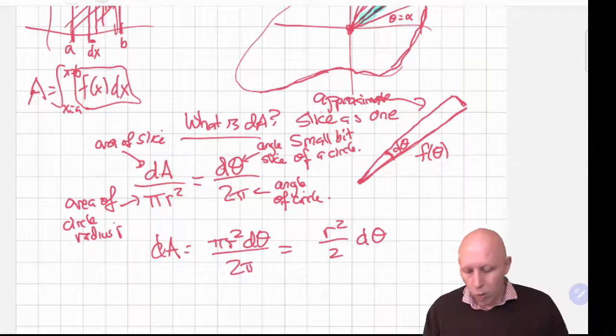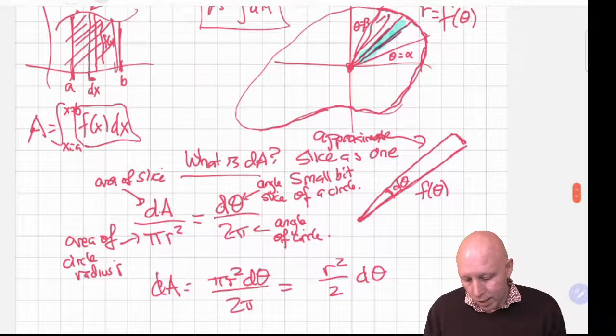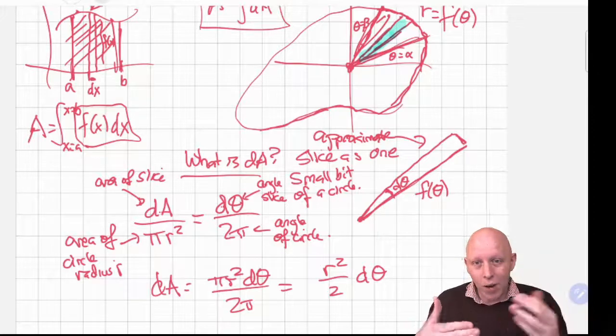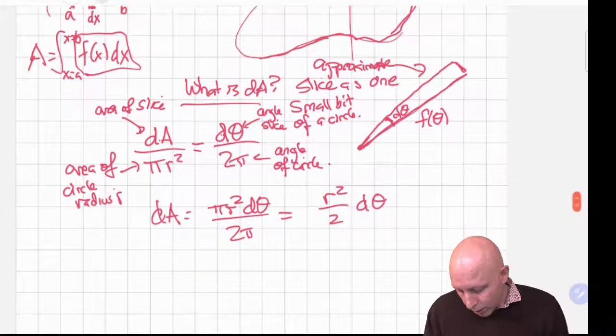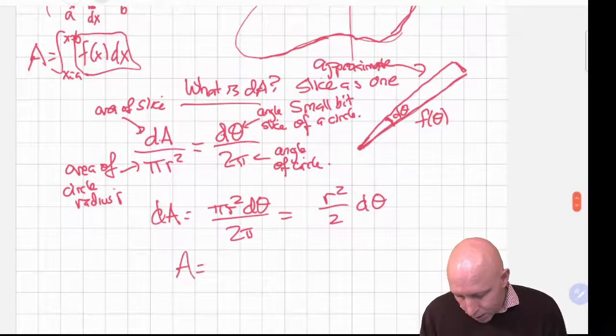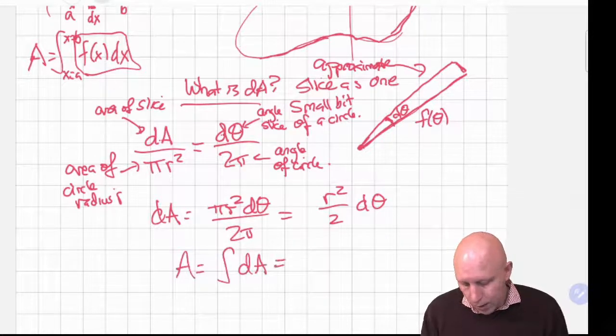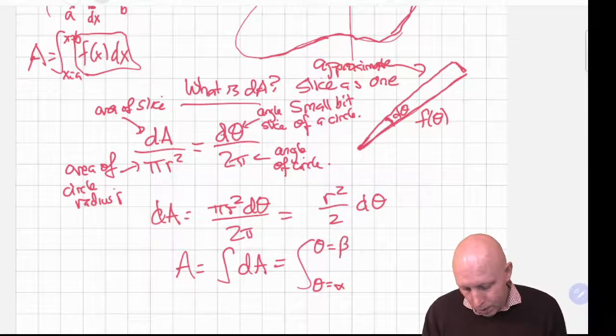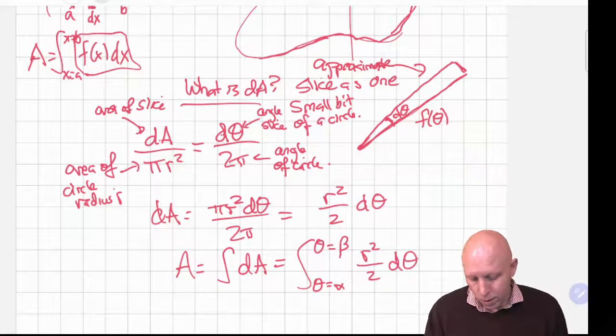And so if we want to calculate how much area there is under our polar curve, then area is equal to the integral of dA. So in this case, we have theta goes from alpha to beta of r squared over 2 d theta.